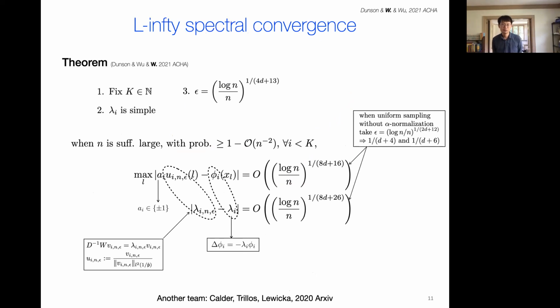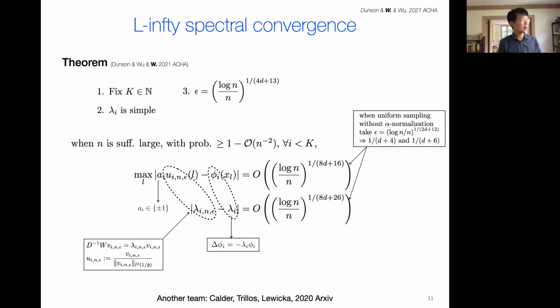Okay, so the first result was published last year, in 2021 in ACHA, and it is this L-infinity spectral convergence result. Remember, in diffusion map, eigenmap and other relevant algorithms, we care a lot about using eigenvectors to represent the data. And if the data set is sampled from a manifold, then we expect that it will give us something useful.